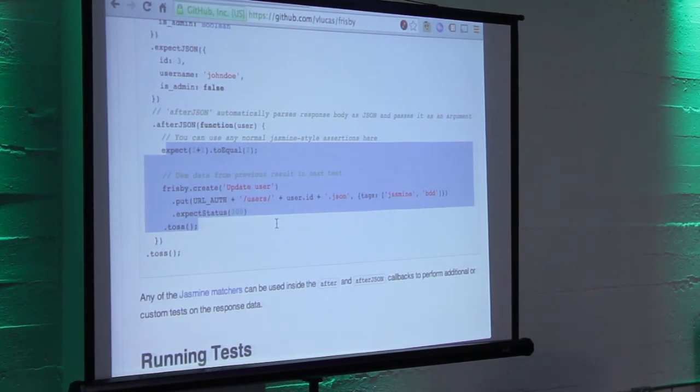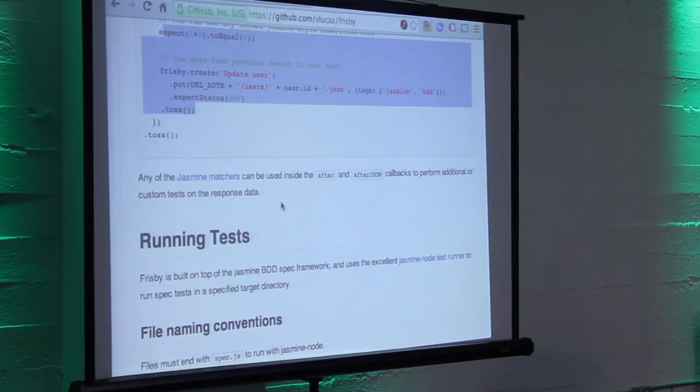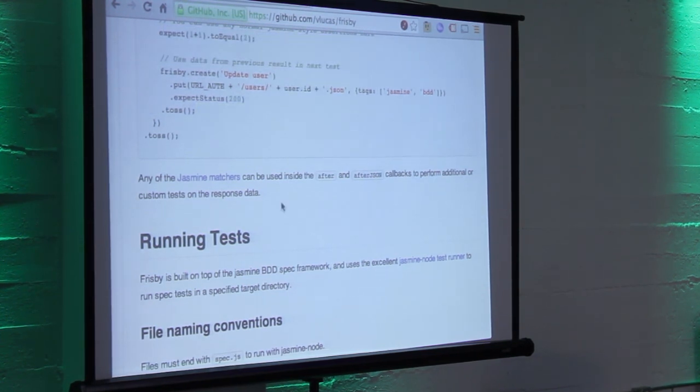That's just the way Node.js works since it's asynchronous in nature. But yeah, that was really my whole talk here.